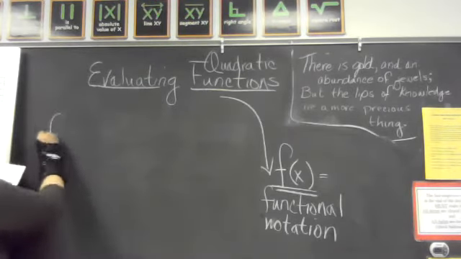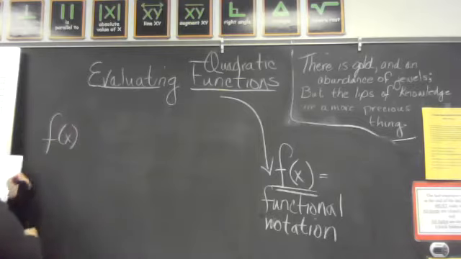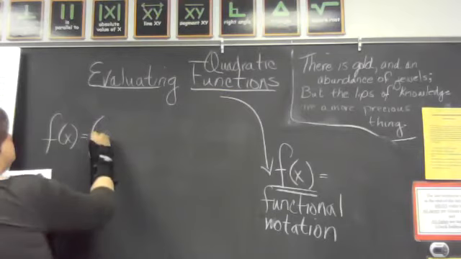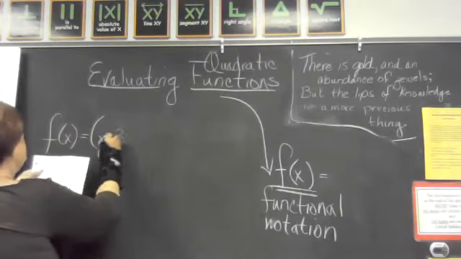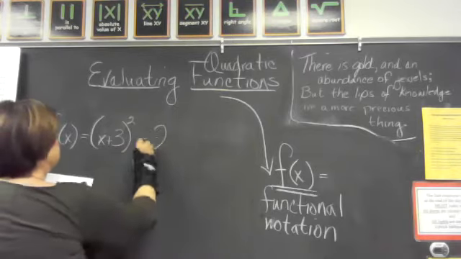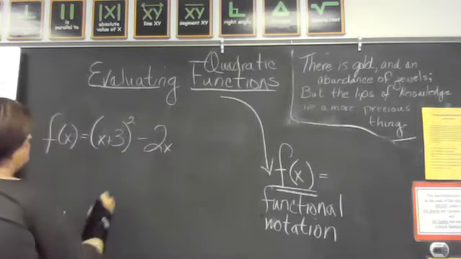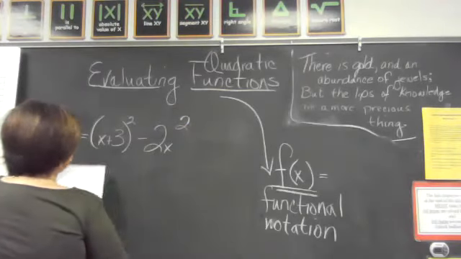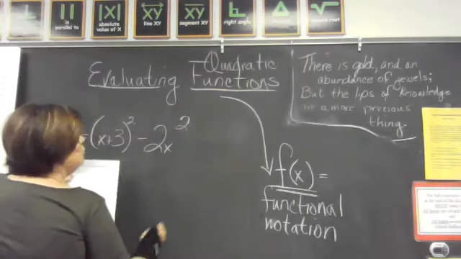Okay, number 1 says f of x. So I decided on a rule that I'm going to make up. And this rule says x plus 3 squared minus 2x squared. Okay, that's the rule. Now, do you see the semicolon there?